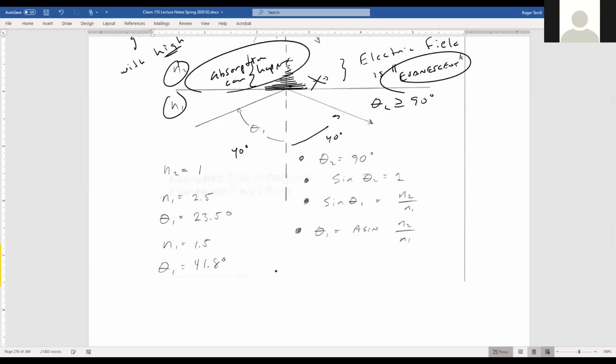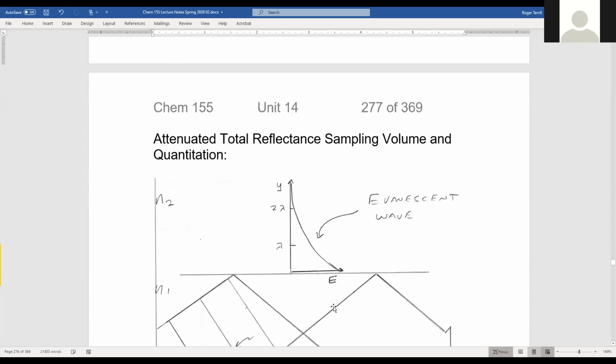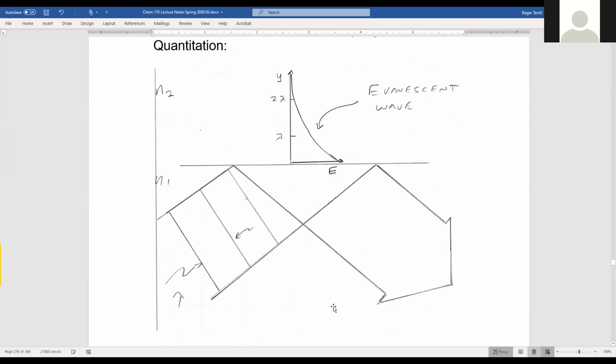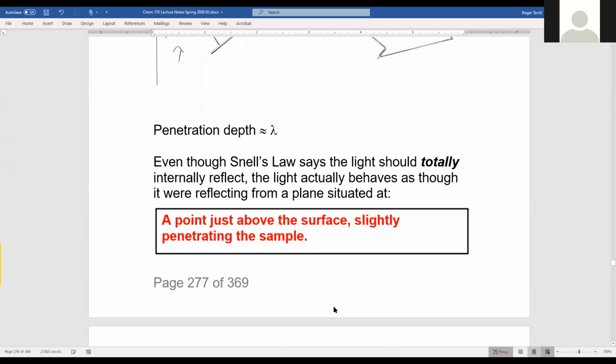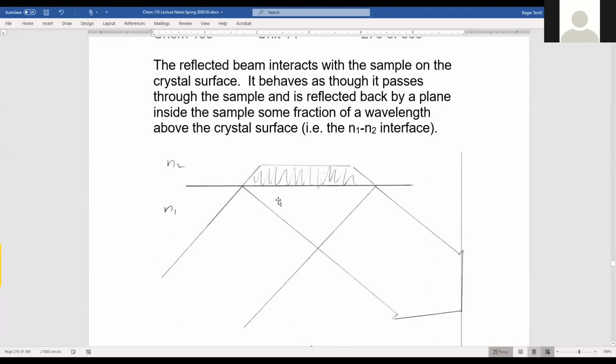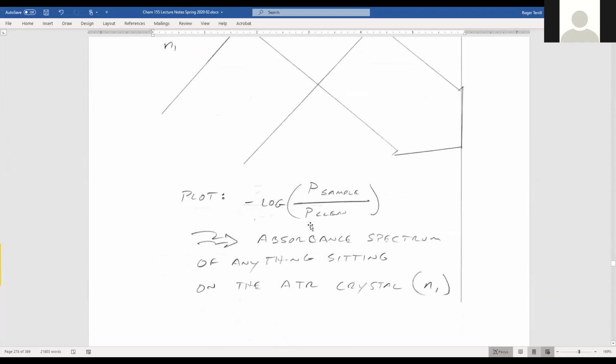Right? And this is actually, of all the techniques that we've discussed so far, this method, I'll just let you read that at your own convenience. This method is probably the most popular infrared sampling method nowadays.